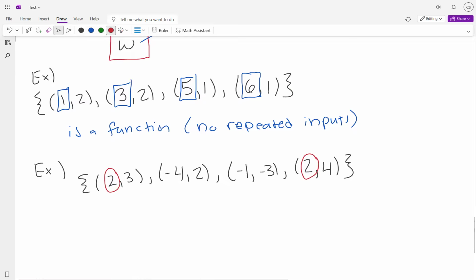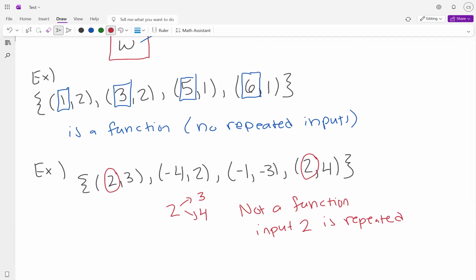And (2, 3) gets sent to 3, and then this one gets sent to 4. So again, we have one input getting sent to more than one point. So this one is not a function. The input 2 is repeated. Okay.